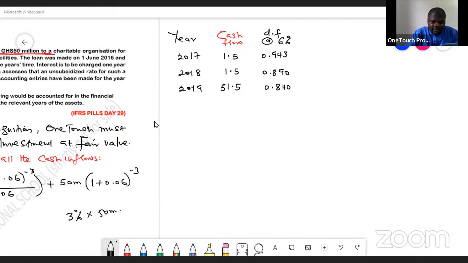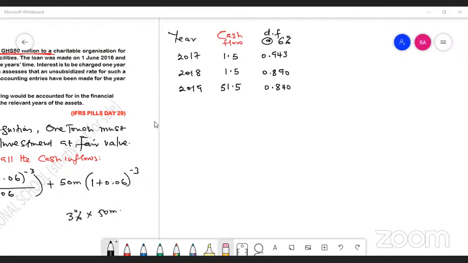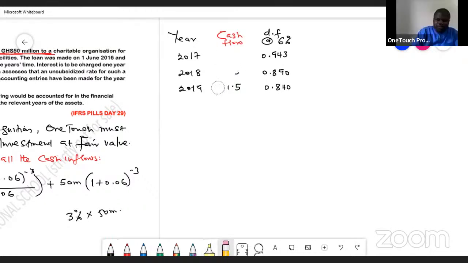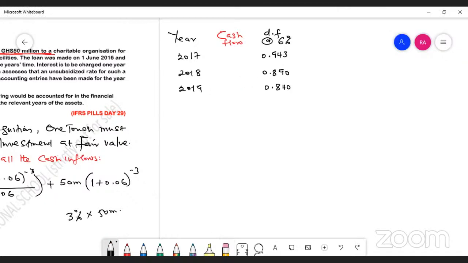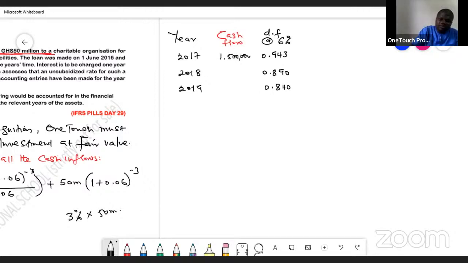1.5 times 0.943. Let me write the figures in full. This 1.5 million, this 1.5 million, this is 51.5 million.